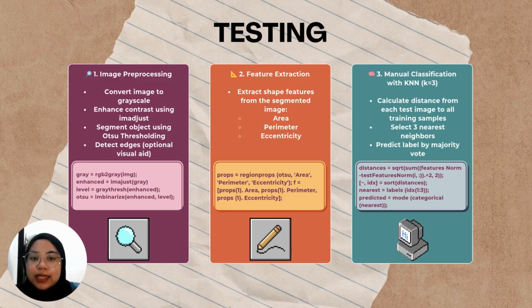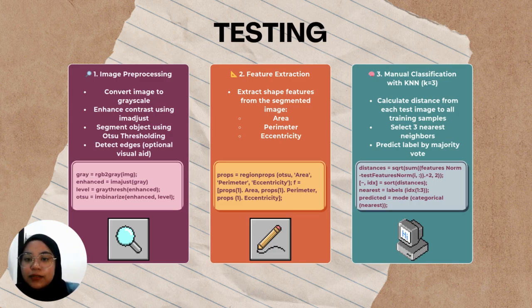Then we enhance the image contrast with imadjust to improve visibility. To isolate the insect from the background, we also apply thresholding using imbinarize. Then edge detection is also performed to help visually analyze the insect's shape, although this step is optional.